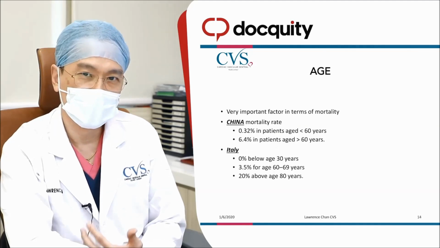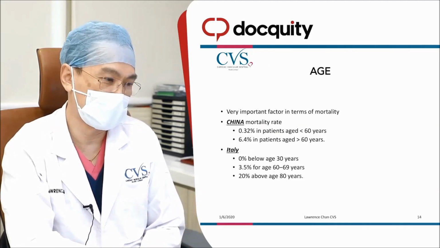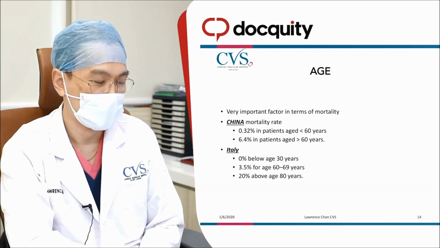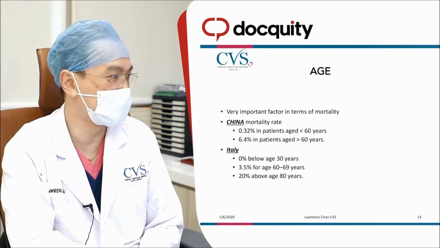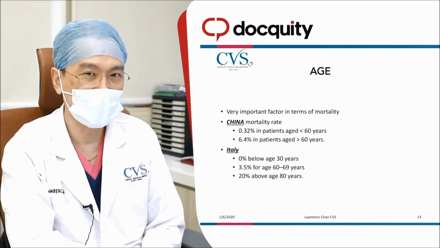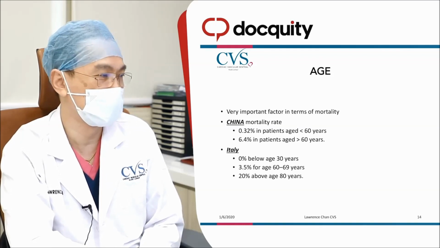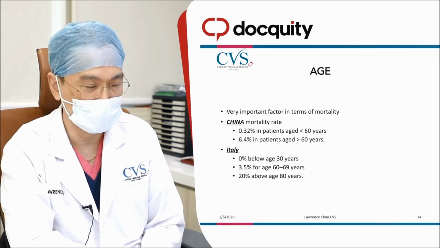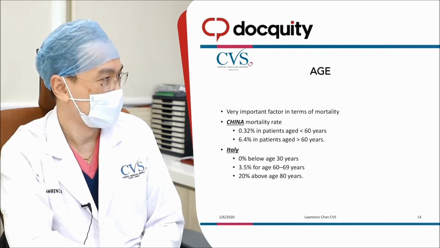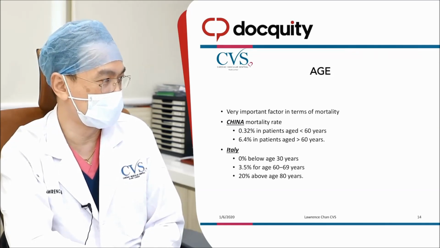Now, as we showed earlier in the slides from China and also the data from the United States, it's very obvious age is the worst factor: the older a person is, the worse the outcome. So it's a very important factor.